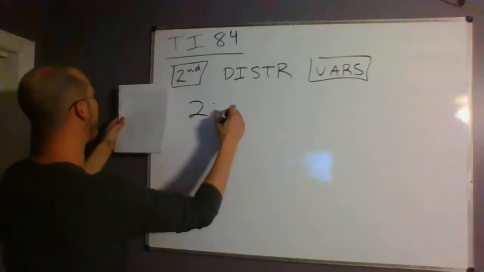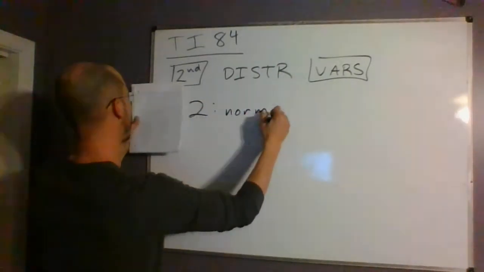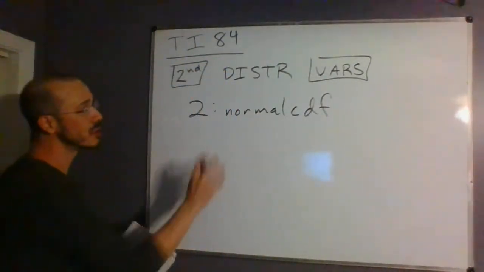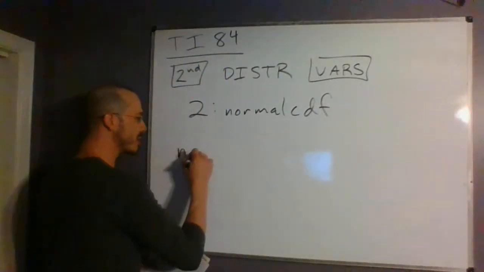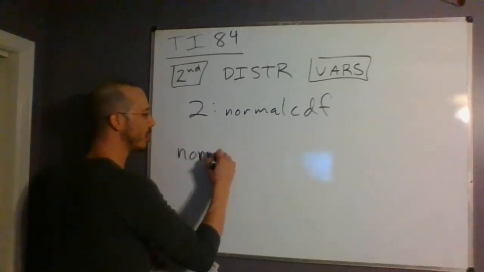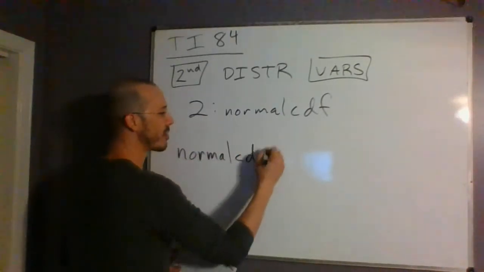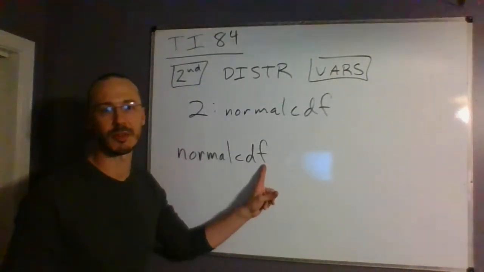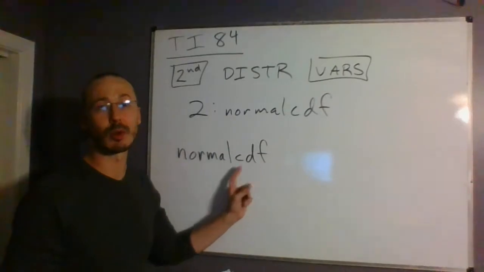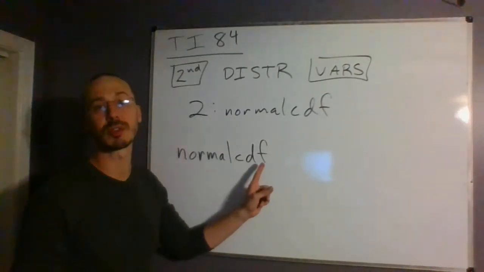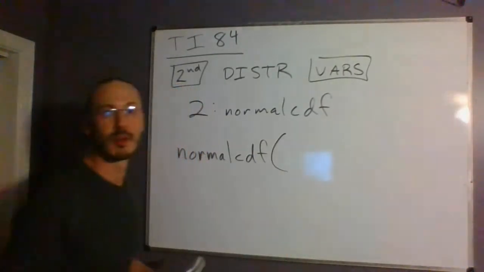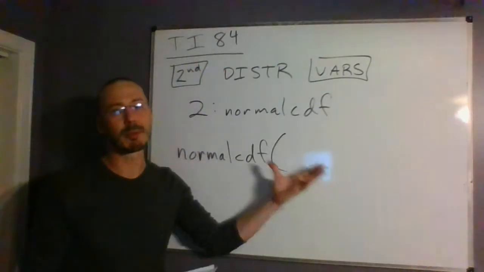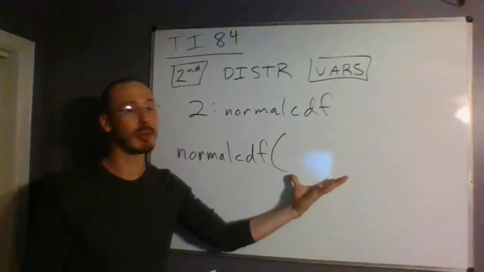The second menu item is normal CDF, and when you click this, it's going to print onto the home screen the normal CDF function, the normal cumulative distribution function. For the TI-84, possibly TI-83, it might be a menu style like the other one, but it's the same commands.